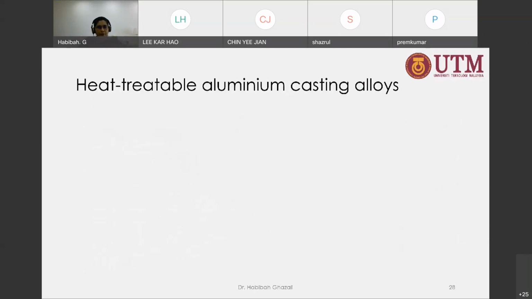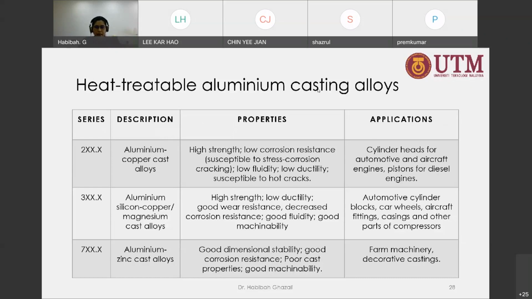So here I've listed out the different properties and application of the heat-treatable aluminum alloy. The 200 series, 300 series, and the 700 series are all heat-treatable. So you can read if you are interested. You can find out where they've been used.